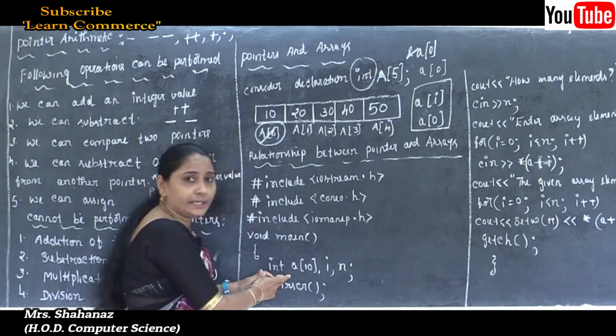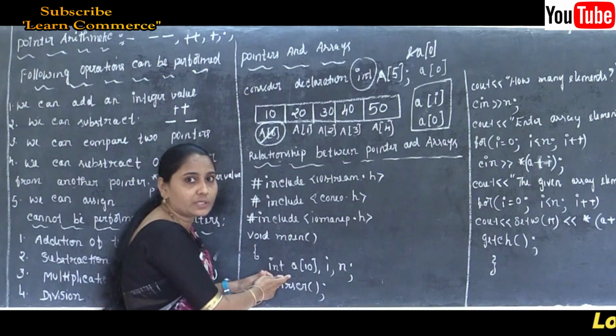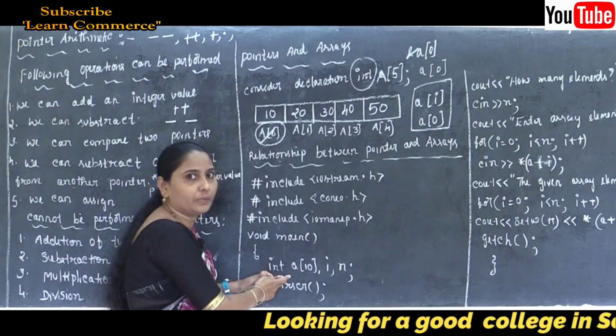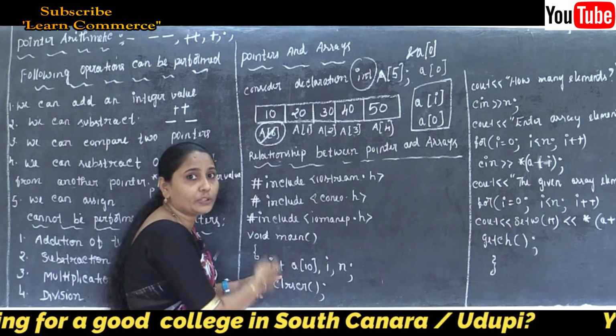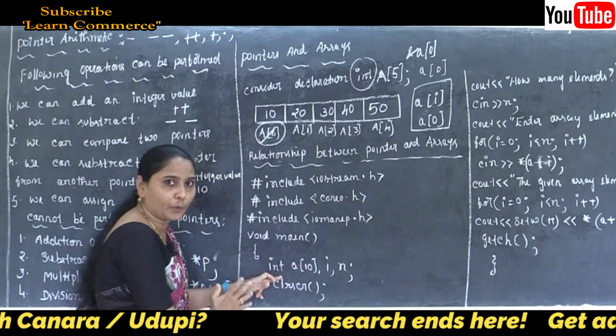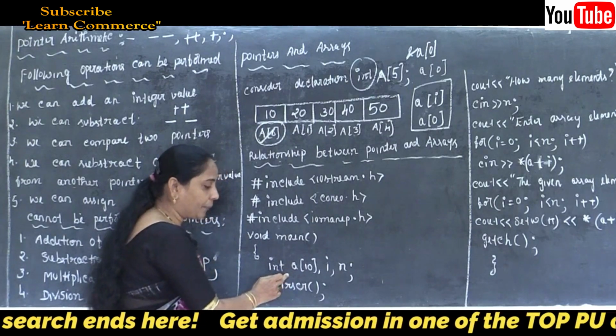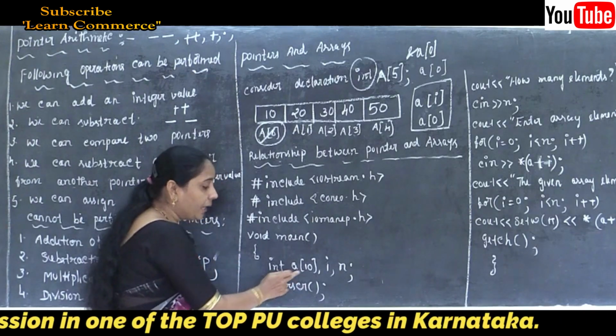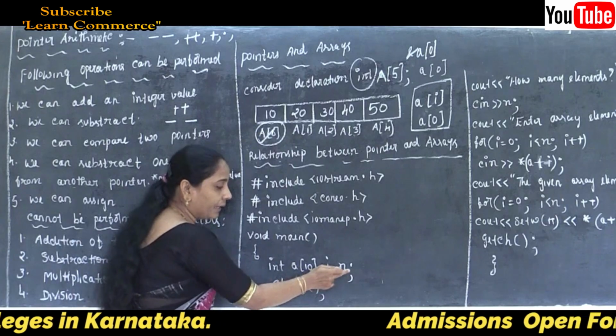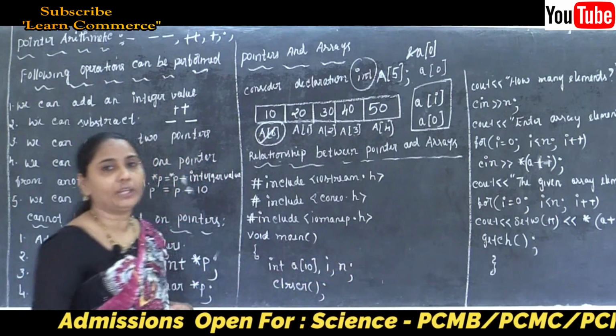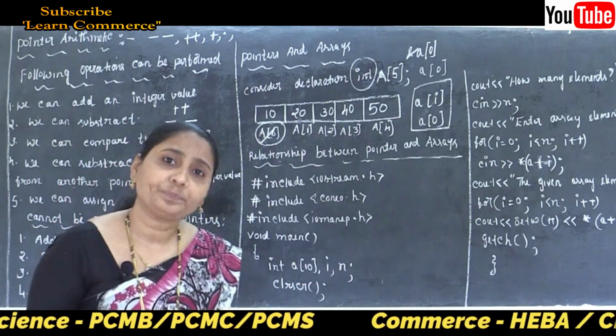Here we need some declarations. What variables do we need to use in the program? We declare the variables before using them in the program. Some of the variables I am using are A of 10, I, and n, with a semicolon, declared using the data type int.